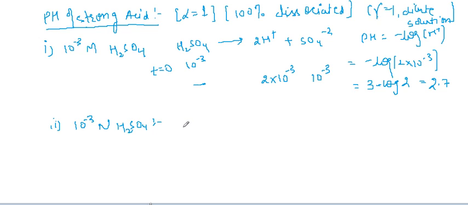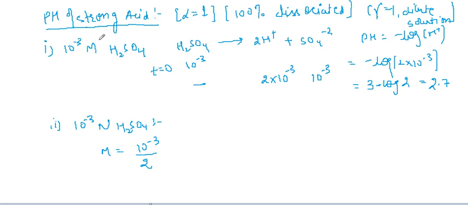Molarity equals normality divided by n factor. When it is 10 to the power minus 3 normal H2SO4, the molarity will be 10 to the power minus 3 divided by 2 molar.